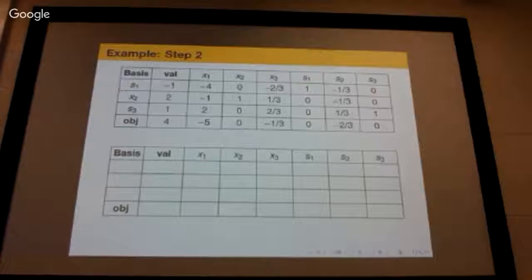So again, we need another pivot step. So this minus 1 determines the pivot row. Well, what are the candidates? Minus 4, minus 2/3, minus 1/3. Which one of them is going to be the pivot element?